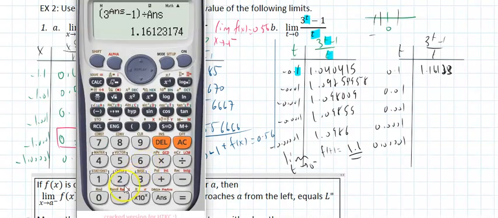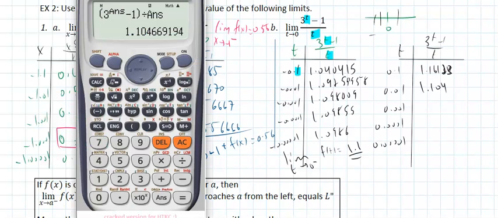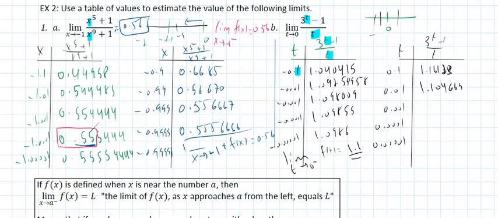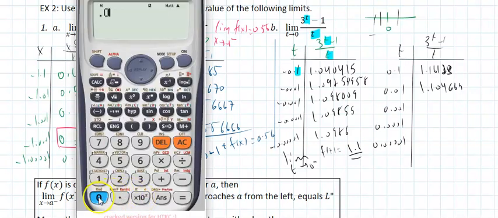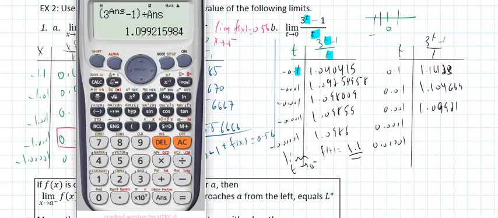And if I go for the second number, which is 0.01, 1.104669 1, and if I go for 0.001, 1.099216, and if I take one more, again I'm almost confident now.